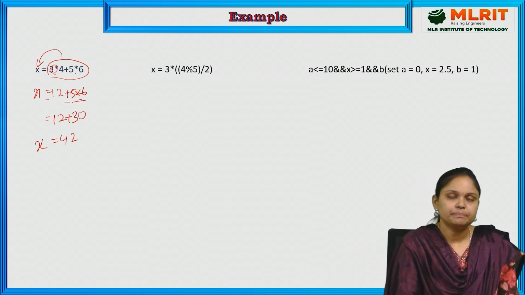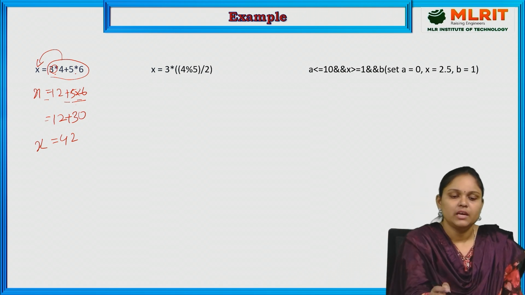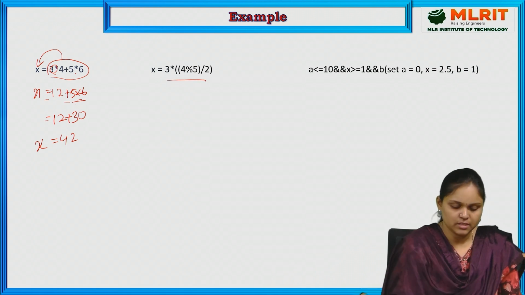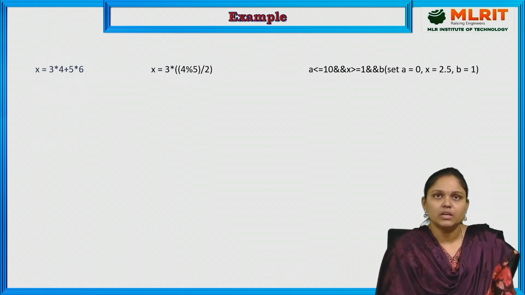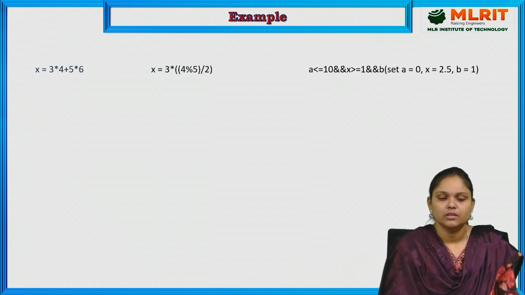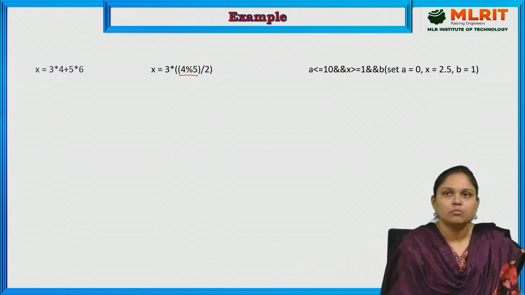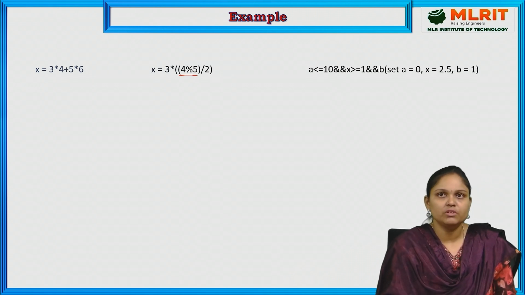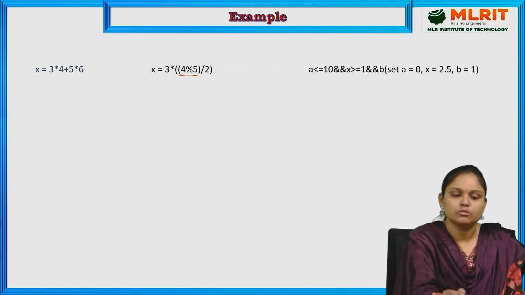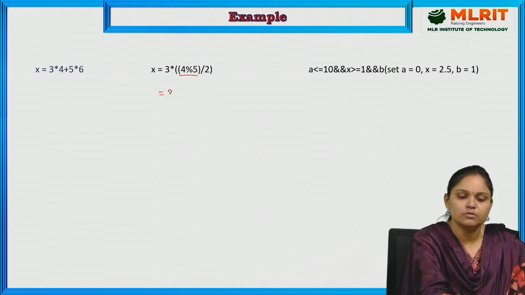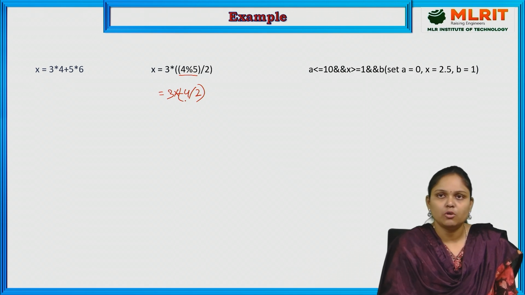And coming to the next example, x is equals to 3 into, in brackets, 4 modulus 2. The first priority goes to the inner brackets. So 4 modulus 2, if you divide 4 by 2, we get the remainder 0. So x is equals to 3 into 4 divided by 2. And here also, how many operators do we have?